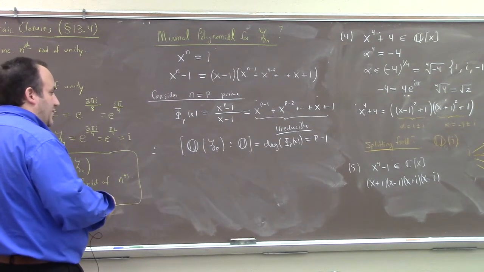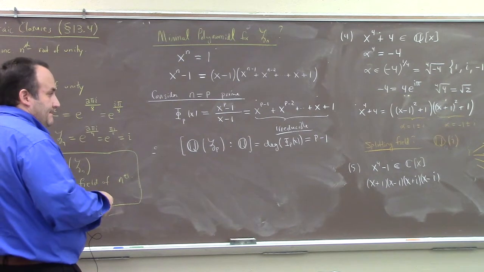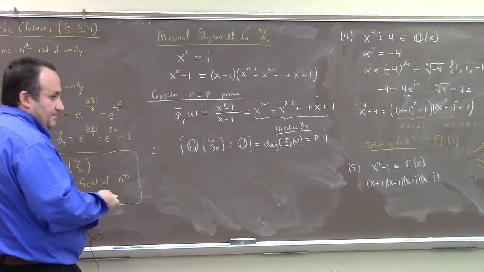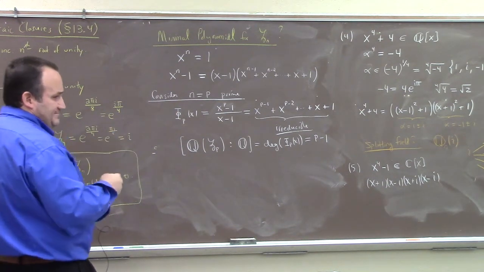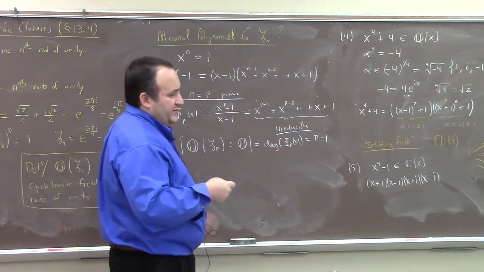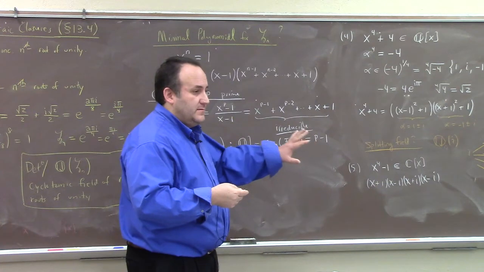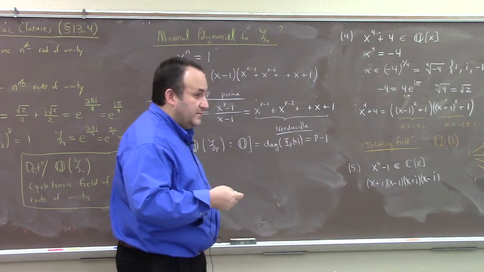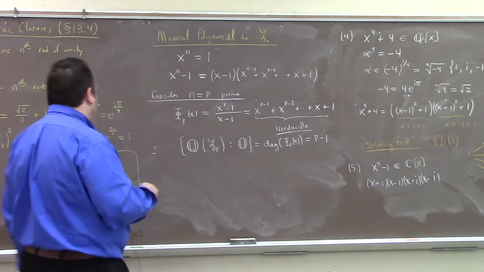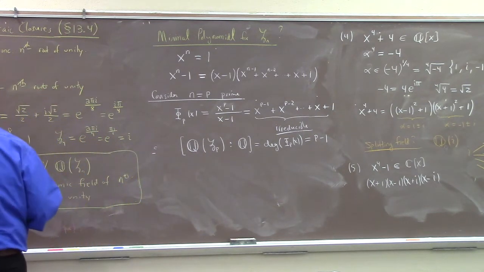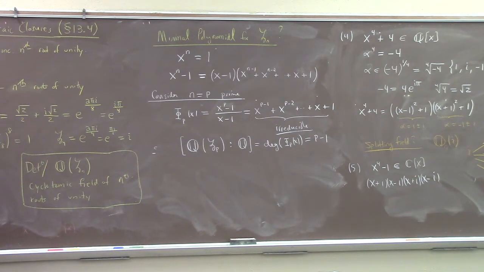It's important that p is prime. This breaks down when p isn't prime. Q adjoin i, right? Q adjoin i is Q adjoin the fourth root of unity. It is degree 2, not degree 3 over Q. And how about Q adjoin the eighth root?